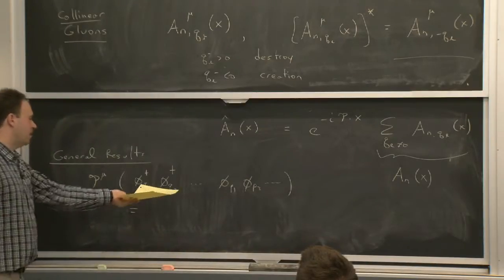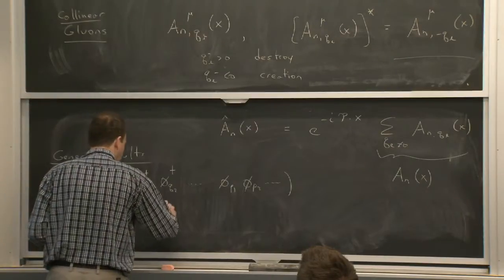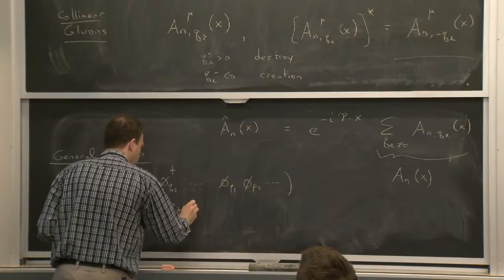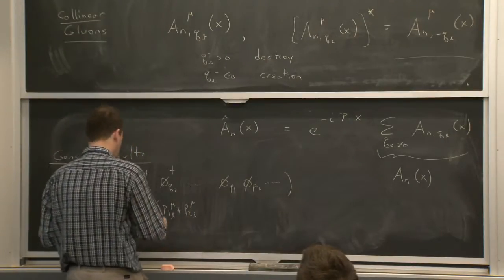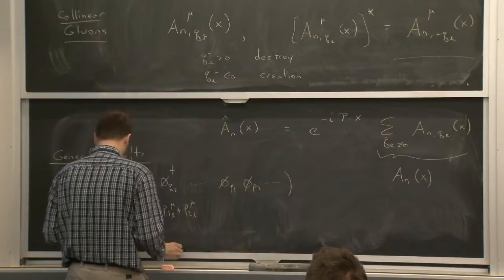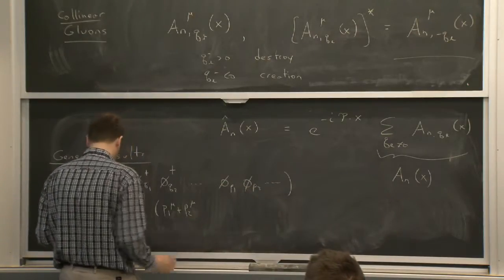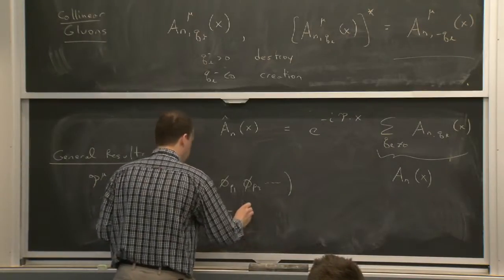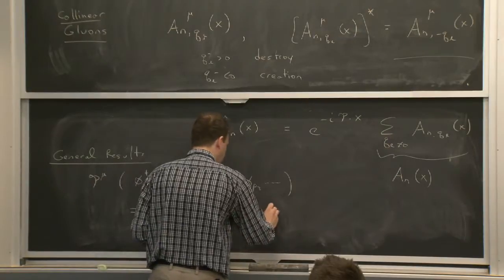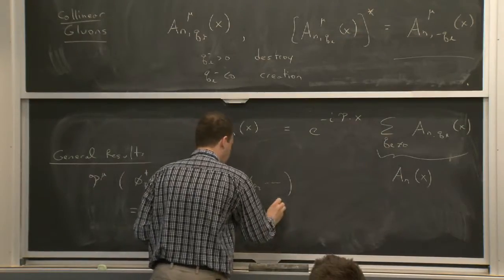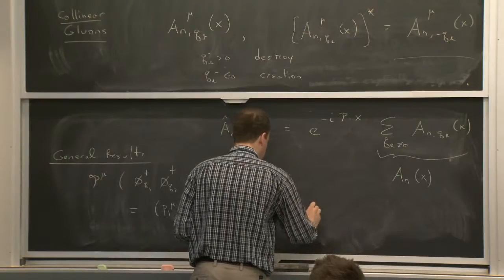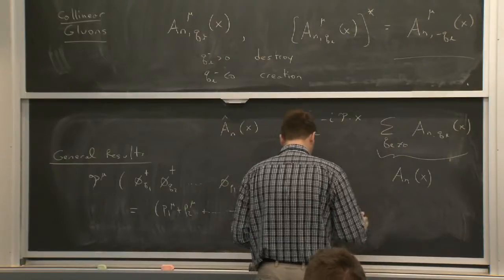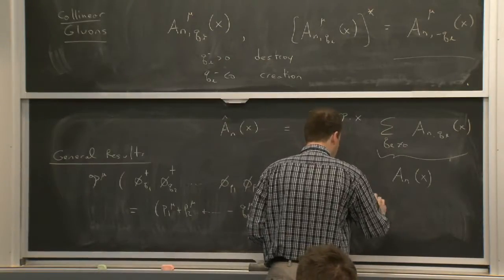Well, it just gives the sum of the label momenta. I'm thinking of all these denominators as label momenta. And the way that the convention works is that we get a minus sign for the daggered guys. That's our sign convention.